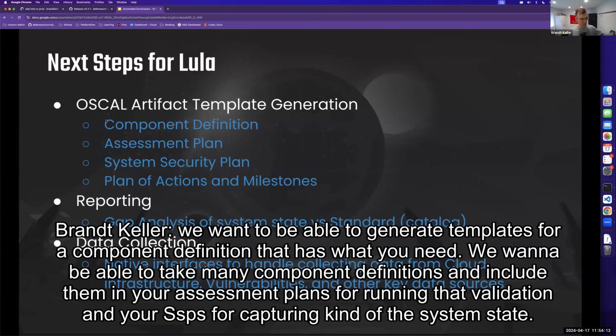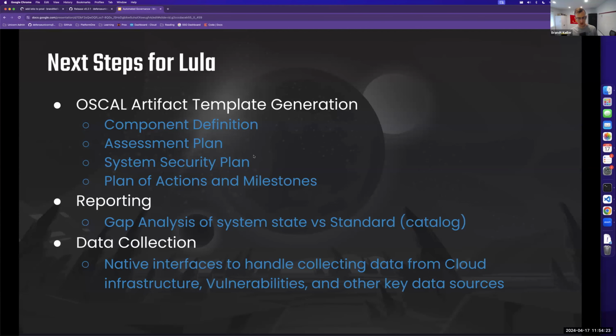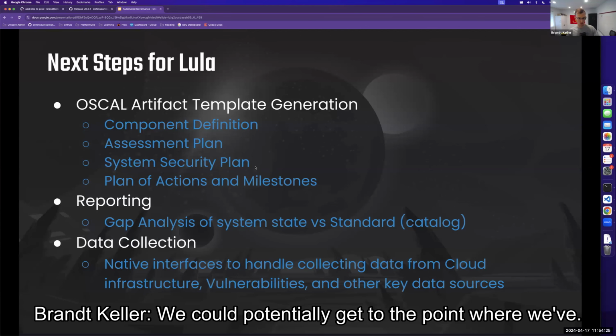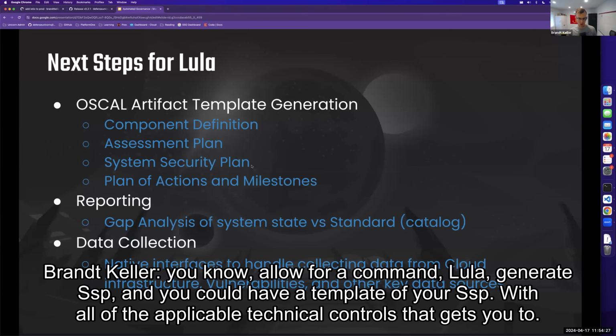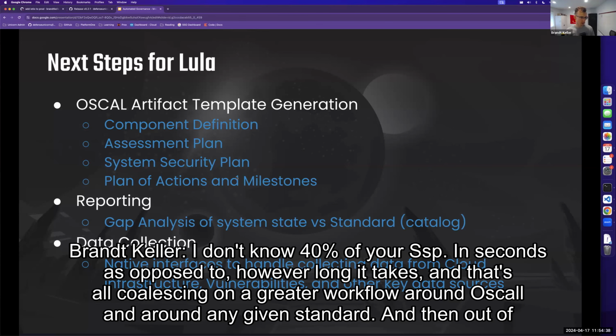We want to be able to take many component definitions and include them in your assessment plans for running that validation and your SSPs for capturing the system state. We could potentially get to the point where we allow for a command, Lula generate SSP, and you could have a template of your SSP with all of the applicable technical controls that gets you to, I don't know, 40% of your SSP in seconds, as opposed to however long it takes.